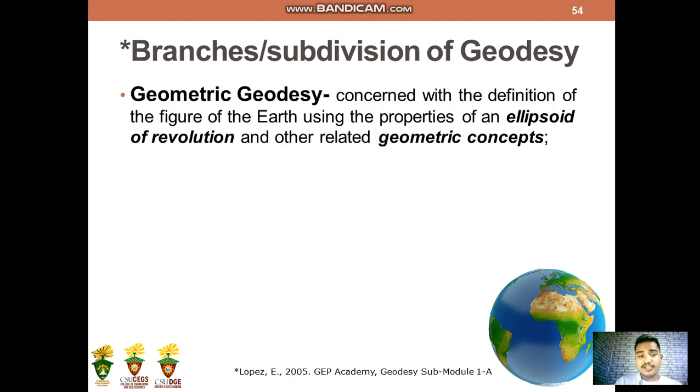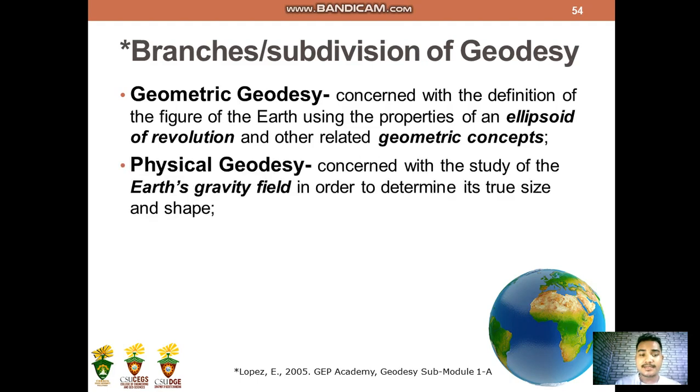So, another definition for branches of geodesy is from Sir Lopez of GAP Academy. According to him, geometric geodesy is concerned with the definition of the Earth using the properties of an ellipsoid of revolution and other related geometric concepts.